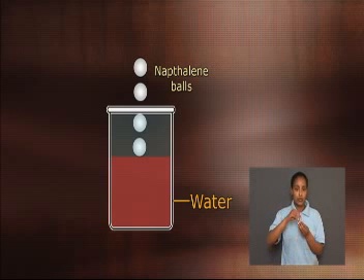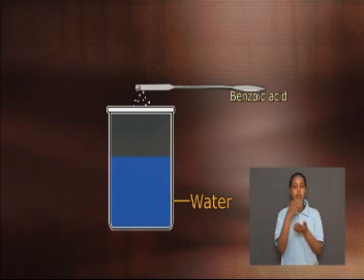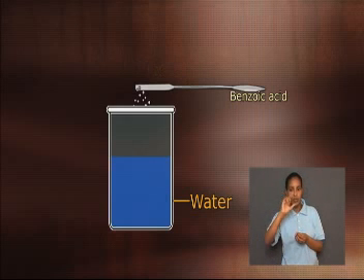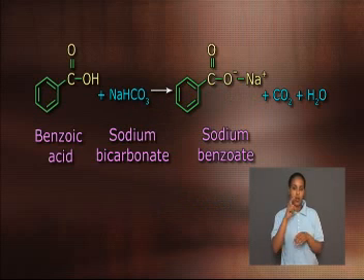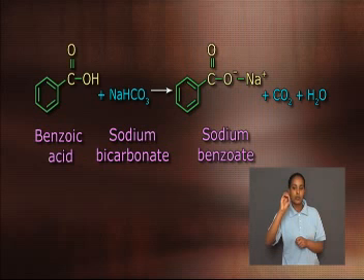We carefully observe the beaker while adding benzoic acid 1 pinch at a time. In this activity, the benzoic acid reacts with sodium bicarbonate and gives sodium benzoate, as you can see here.